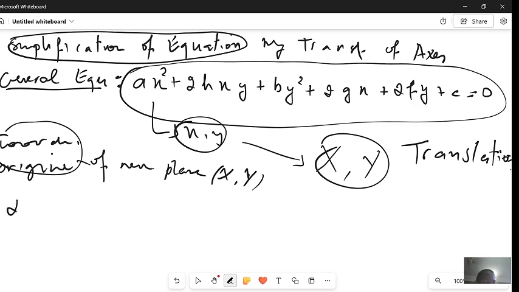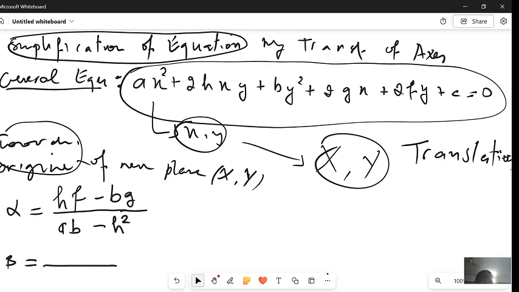Now in this case, when I want to find the coordinate of the origin, I will have alpha equal the value of h multiplied by f minus the value of b multiplied by the value of g, divided by ab minus h square, and beta is going to be equal the value of h multiplied by the value of g minus a f, over ab minus h square.